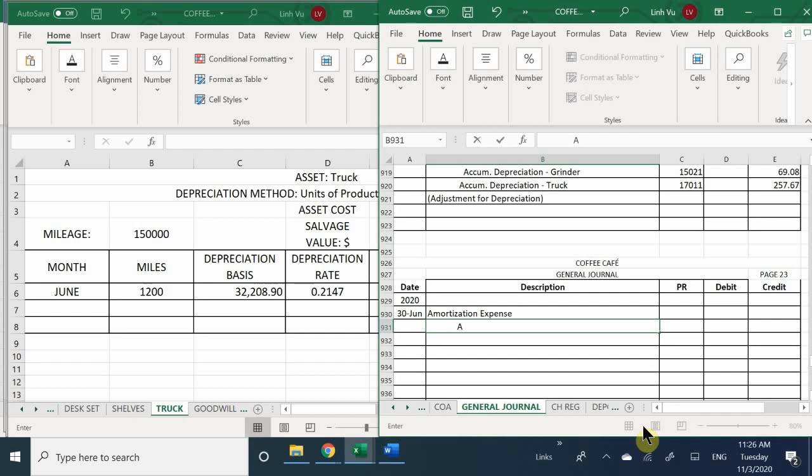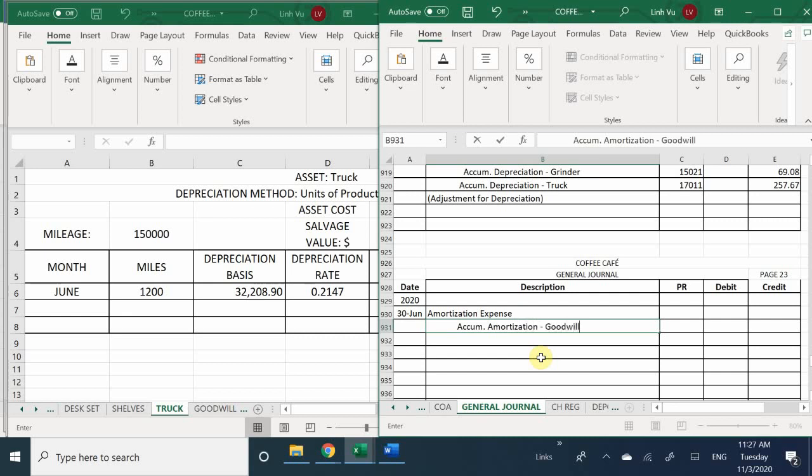It's going to be the same as depreciation, except you don't use the word depreciation. Amortization.